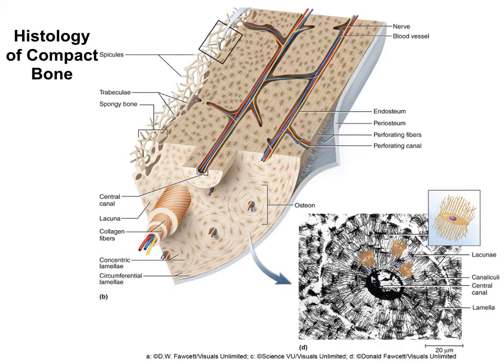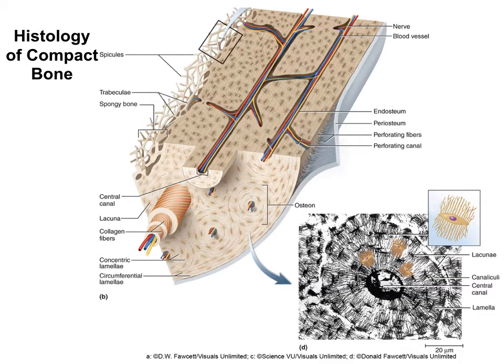The center of the tree trunk is an opening called the central canal. And the central canal is going to run the entire length of your osteon. And the central canal is filled with blood vessels, nerve endings, and lymphatic vessels. So it's going to help to pass those structures through the bone matrix.